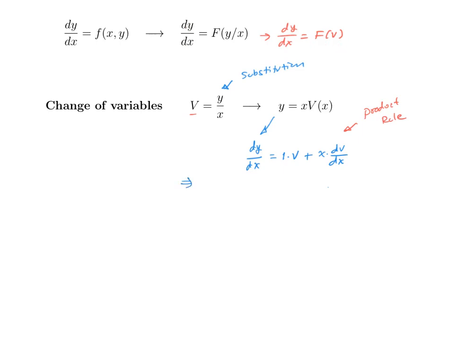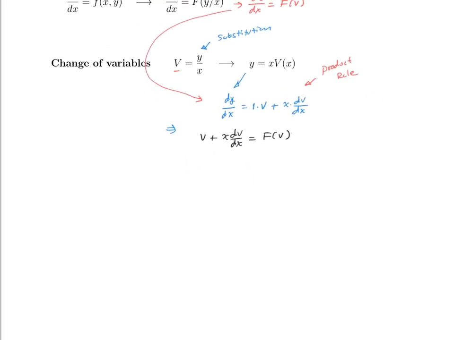So if you combine this one in here, we will get the following: v plus x dv dx is going to be equal to some function that depends only on v.